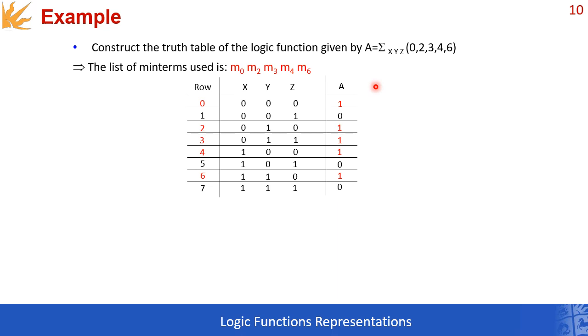Now, because you're using the minterms, you know that the logic function should be 1 for rows 0, 2, 3, 4, and 6. And it should yield 0 for everything else.